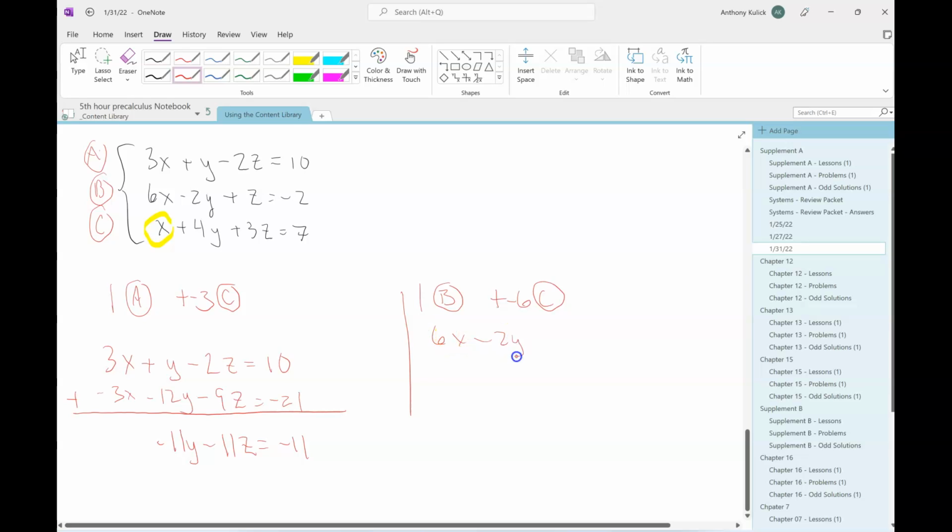Then do the same thing over here. So there's B, and then negative 6 times C gives me negative 6x, negative 24y, negative 18z, and then negative 42. So it's going to be negative 26y minus 17z equals negative 44.